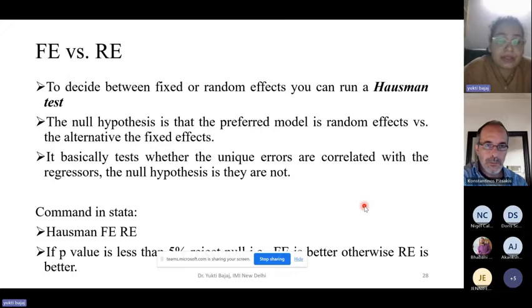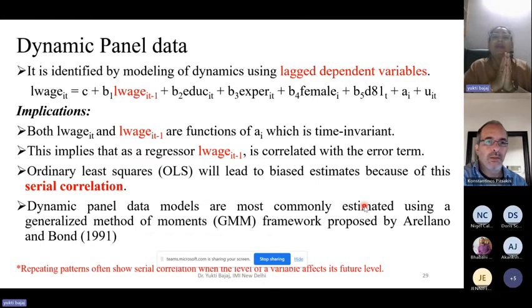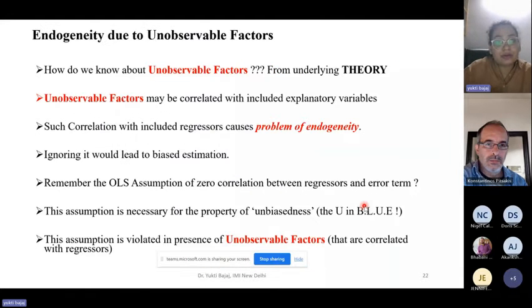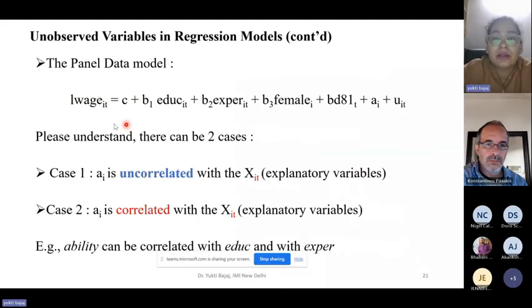The last slide for the day is going to be a transition from panel to what is called dynamic panel data. So far, this was my equation, right? My model where log of wage was dependent on certain X factors and my error term.